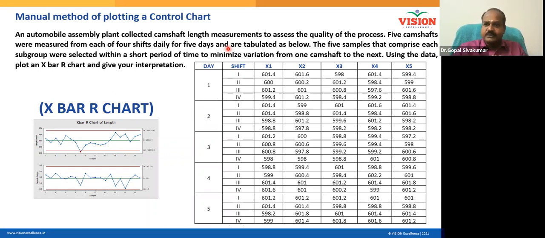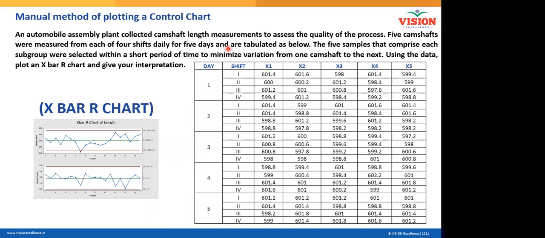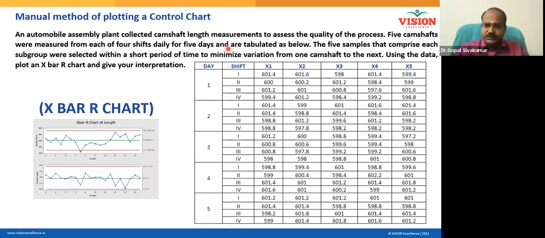The number of days is 5. Every single day, the number of subgroups is 4. And every single subgroup, the subgroup size is 5. All of you understand my language? There are 5 days. There are 20 subgroups. And in each subgroup, the size is 5. So the total number of samples is 100.